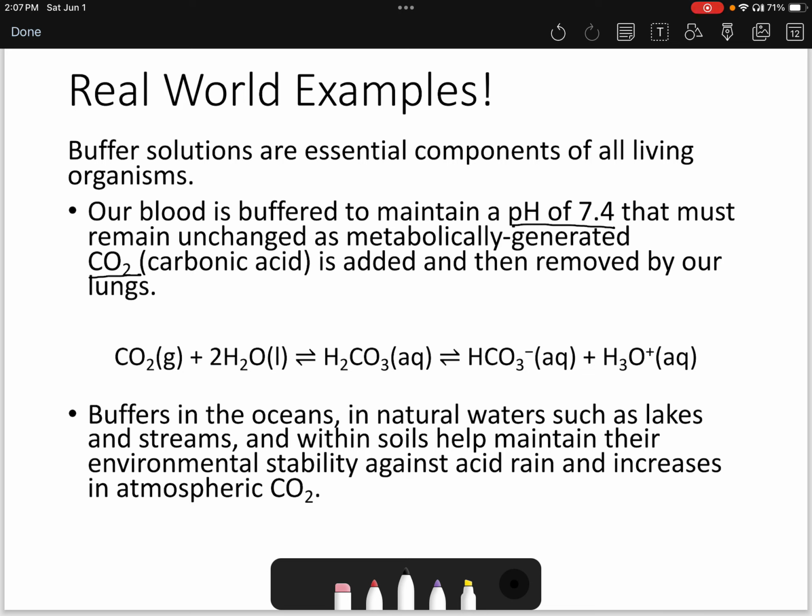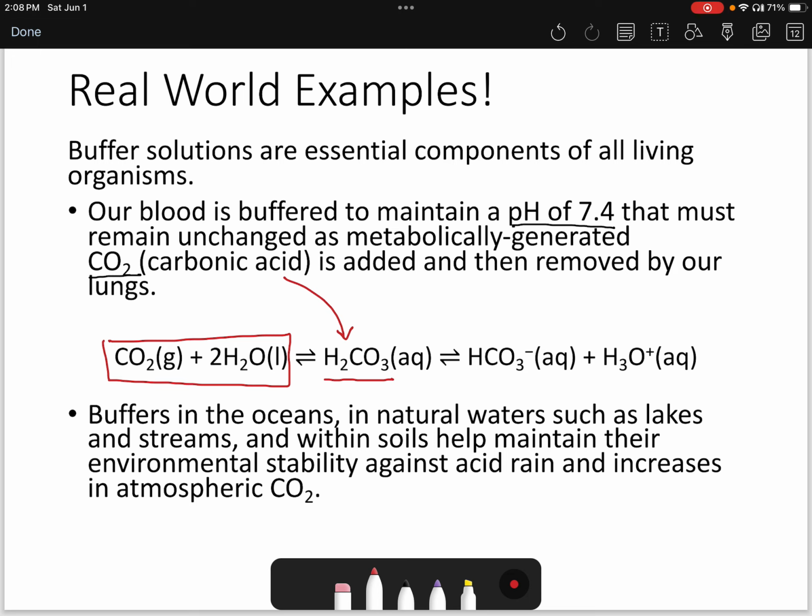So, for example, down below, we can see that when CO2 reacts with H2O, water, that produces something called carbonic acid, H2CO3. Now, those are in equilibrium with each other. So if we were to add more CO2, things would shift to the right and give us more carbonic acid. Or if we removed CO2, then things would shift to the left to replace that CO2 that we lost.